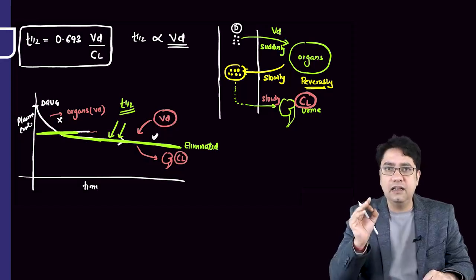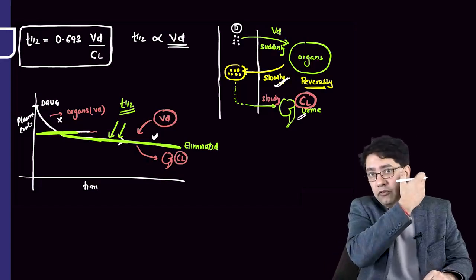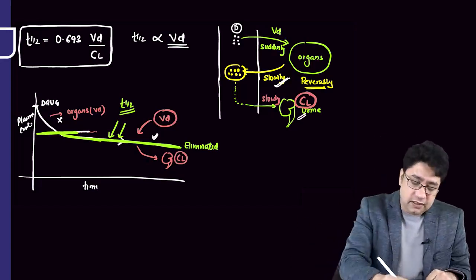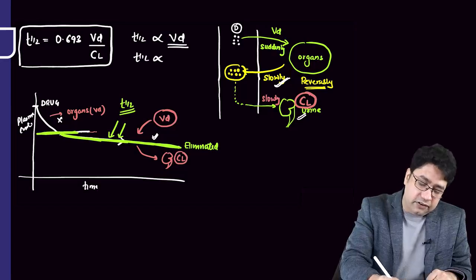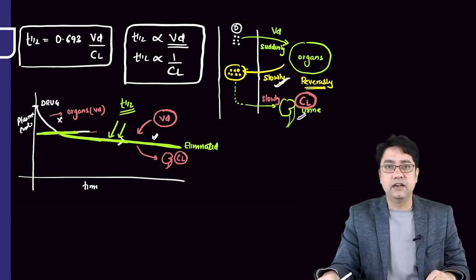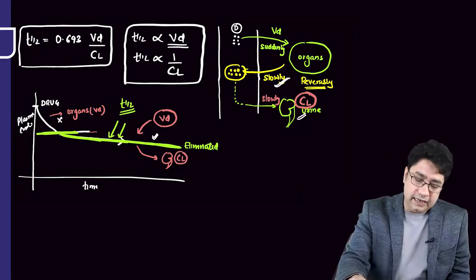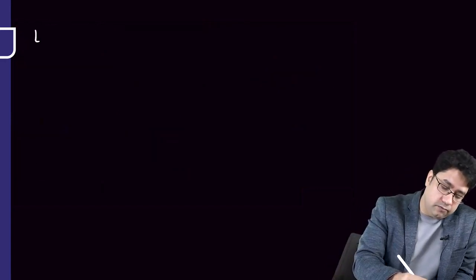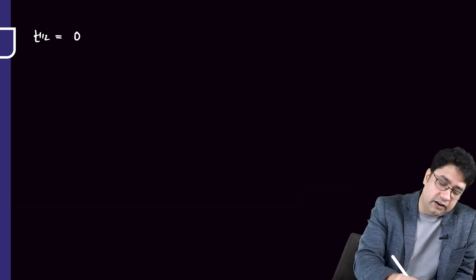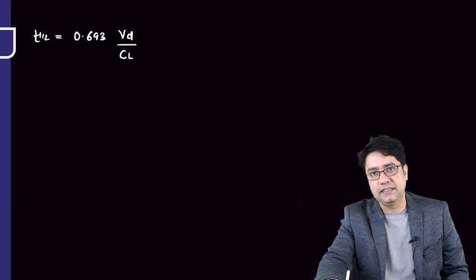And if the clearance capacity of an organ is very good, the drug will be removed out of the body very fast. That is why half-life is inversely proportional to clearance capacity. Half-life of a drug is inversely proportional to clearance capacity. So let me write this formula again for you. Half-life of a drug is directly proportional to volume of distribution divided by clearance capacity.